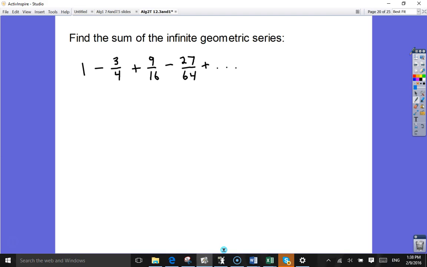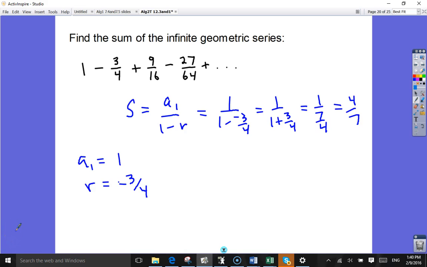These are the last 3 slides. The A1 was 1.